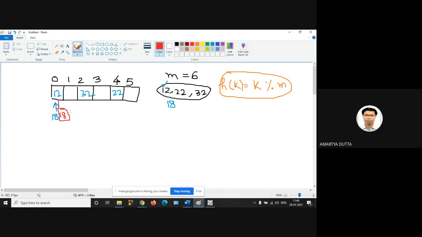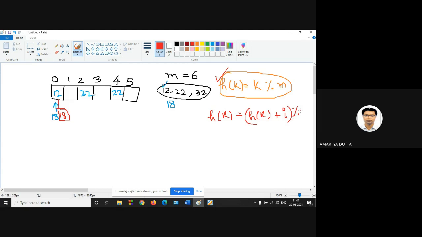But if we use open addressing, suppose linear probing, then we have to modify this hash function. For linear probing, the hash function will be h(k, i) equal to (h(k) plus i) modulo m, where i is the number of probes, the number of attempts.